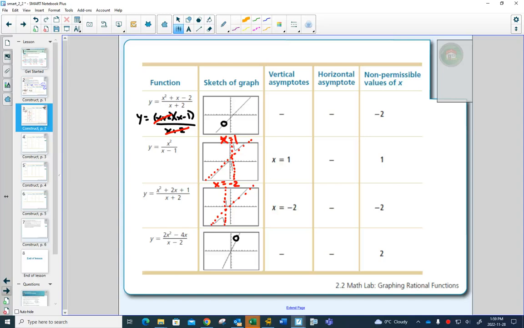Exactly the same graph as the first one, except this one has a hole at -2. And if we plug in -2 into this simplified equation, you get -2, -3. So again, the non-permissible value, because in the original equation, that's the number that would make you divide by 0.